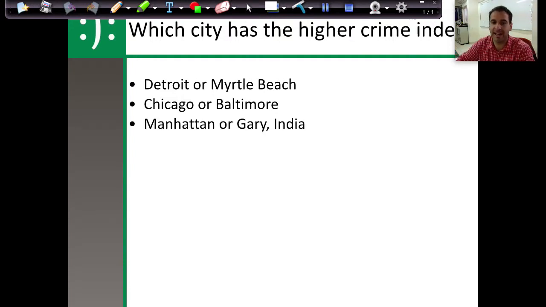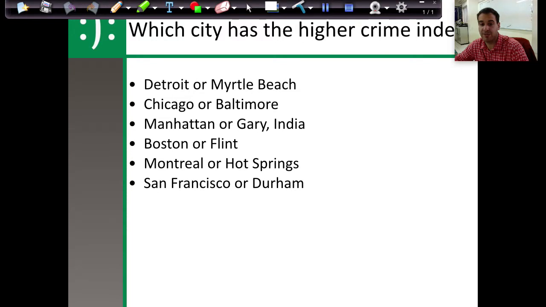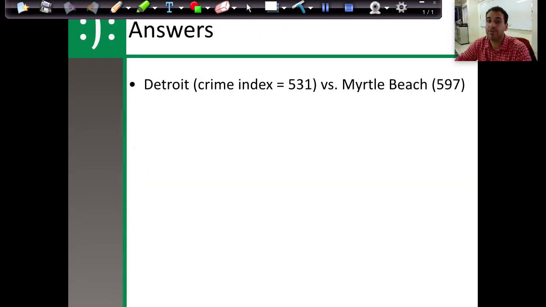Manhattan or Gary, Indiana, middle of nowhere? Boston or Flint? Montreal or Hot Springs? San Francisco or Durham? The answers are Detroit, 531, Myrtle Beach, which is like this vacation spot in South Carolina.